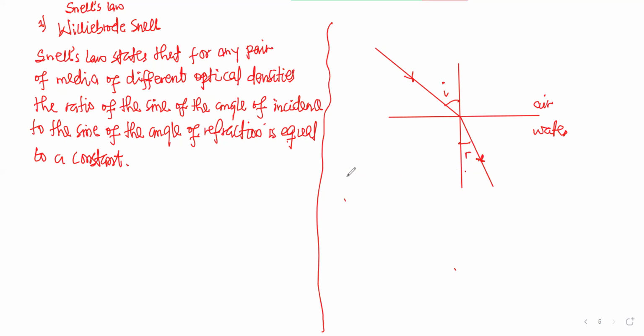What will be the relationship between the angle of incidence and the angle of reflection? Yes, Aki. Angle of incidence will be the same as the angle of reflection. Okay, Martin. What do you also say, Martin?